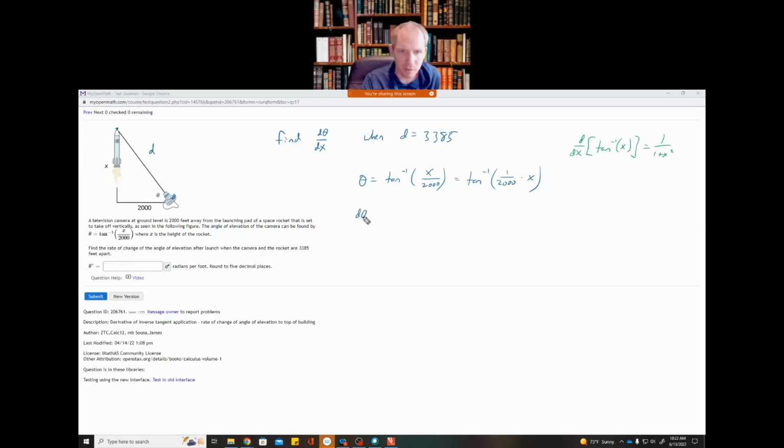When we take the derivative of theta, on the right-hand side, the chain rule says I have tangent inverse of a function. Use your derivative formula like normal, but don't plug in x. Plug in the inside function. So I'm going to get 1 over 1 plus 1 over 2,000x, which is then squared, and then times the derivative of that inside function. The derivative of 1 over 2,000 times x is just 1 over 2,000.